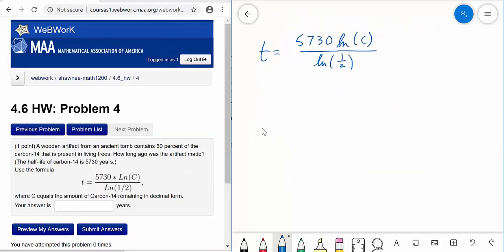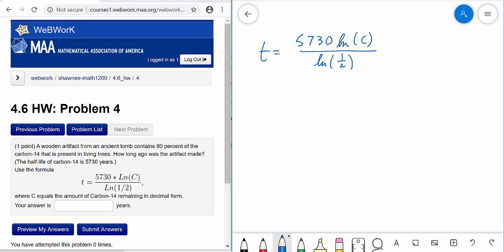For problem number 4, we have to use carbon dating to determine how old an artifact is. It says a wooden artifact from an ancient tomb contains 60% of the carbon-14 that is present in living trees. How long ago was the artifact made? We're told that the half-life of carbon is 5,730 years.